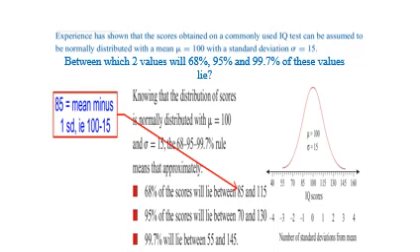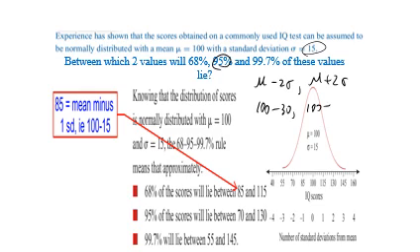In the second part, where we've got 95%, we're going to do the mean minus 2 standard deviations up to the mean plus 2 standard deviations. We already know that 1 standard deviation is 15, 2 standard deviations therefore are 30, so it's 100 minus 30 and 100 plus 30, and that's going to give us 70 and 130, and that's the answer to the second part.